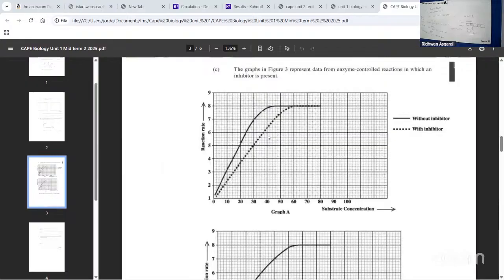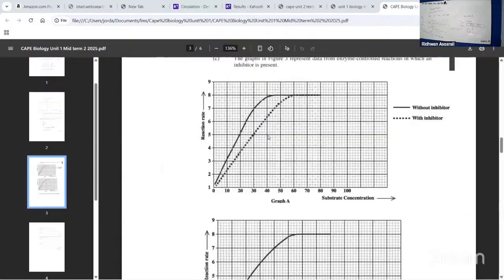Reaction rate 8 and substrate concentration of 60. Right? So you just state that. Both had an increase, but with an inhibitor had a slower increase or slower reaction rate up to substrate concentration 60. Again, they just ask you to state the trend, so you don't have to give a reason as yet.